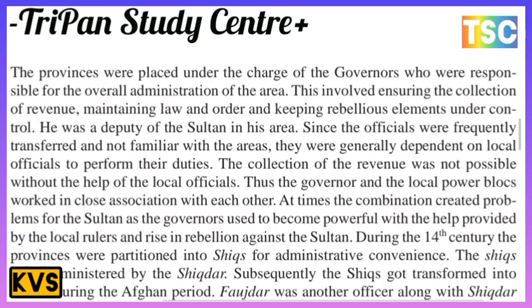Thus, the governors and the local power blocks worked in close association with each other. At times, this combination created problems for the Sultan, as the governors used to become powerful with the help provided by the local rulers, and this led to rebellions against the Sultan.